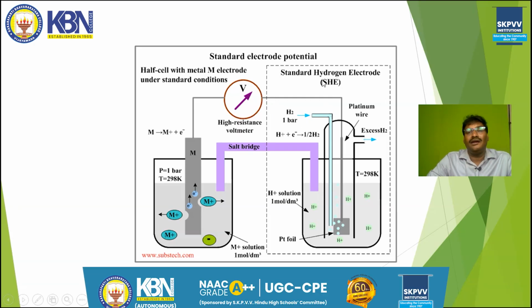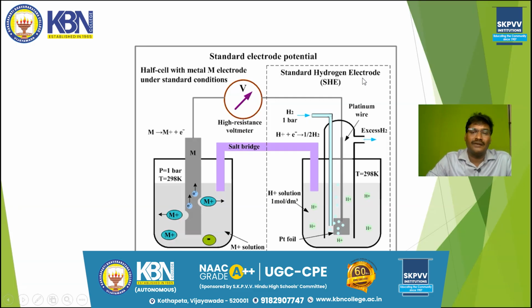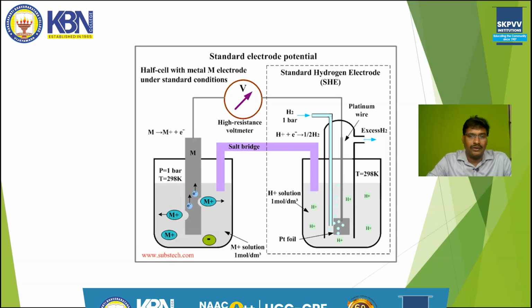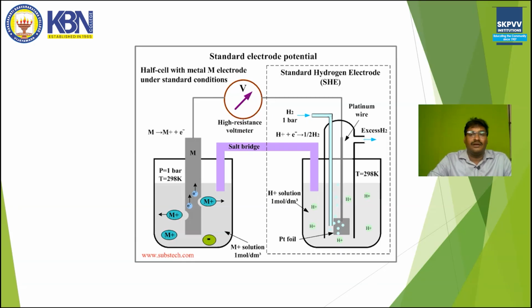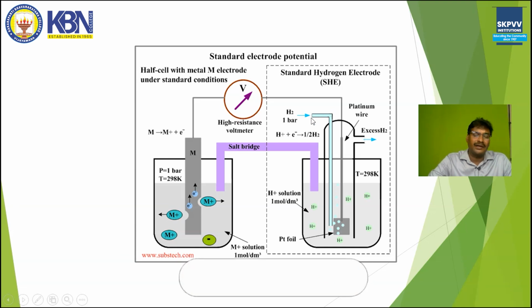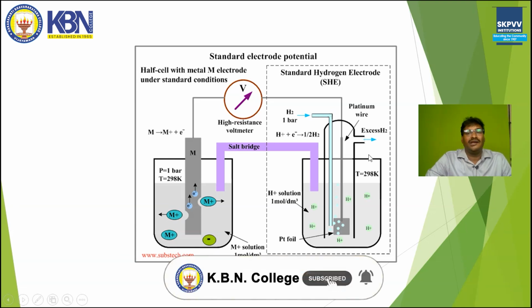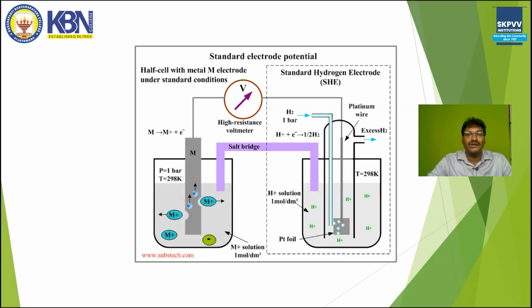Here the standard hydrogen electrode is one of the important reference electrodes. When it is connected to another half cell, its potential is arbitrarily fixed as 0. The potential of the standard hydrogen electrode is 0. Then it is connected to another half cell, that is a metal electrode.